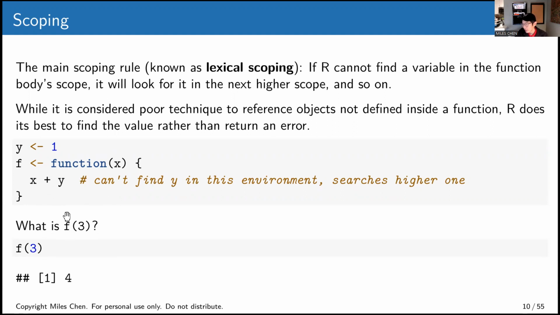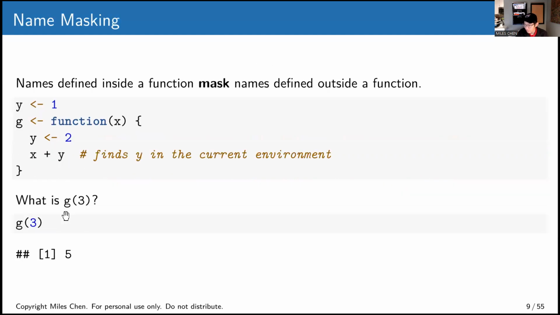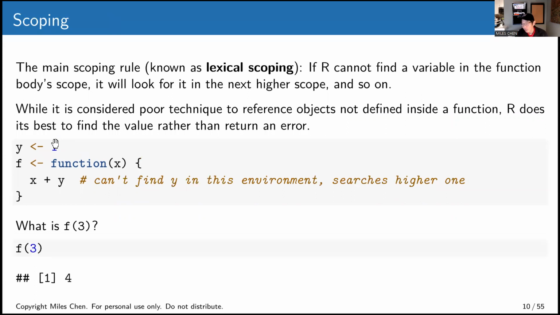Again, these are very, very simple examples. In one, the named object exists inside the function, and it's going to find that. And over here, the value of the named object doesn't exist inside the function, so it searches the global environment. These are the two simplest cases that I can create here.